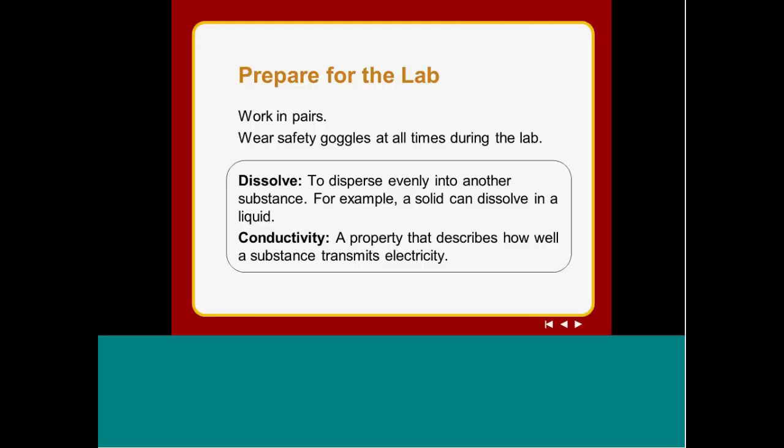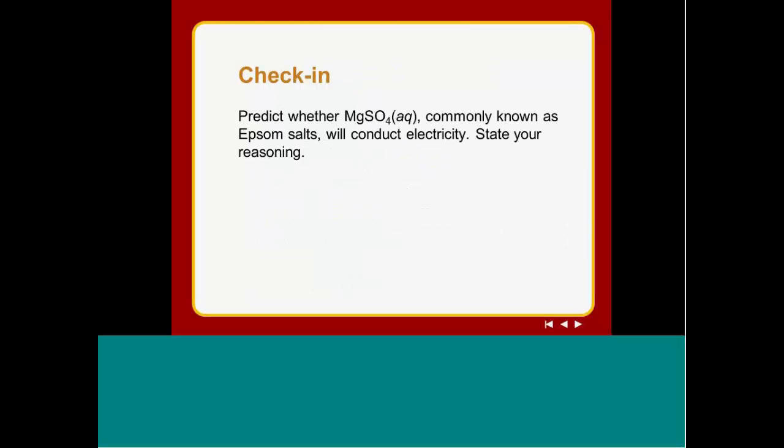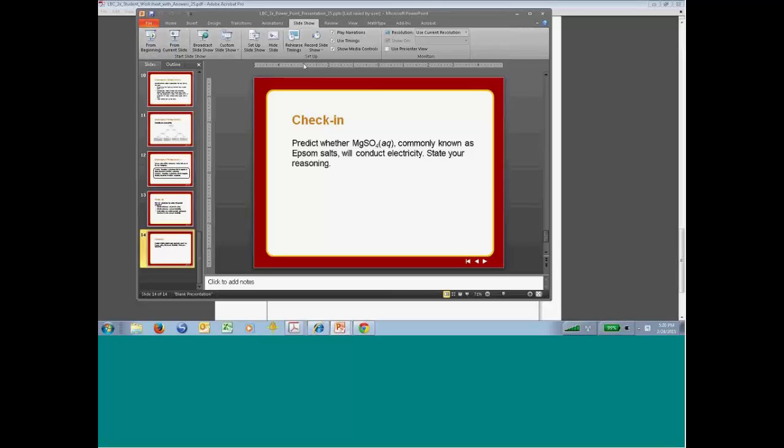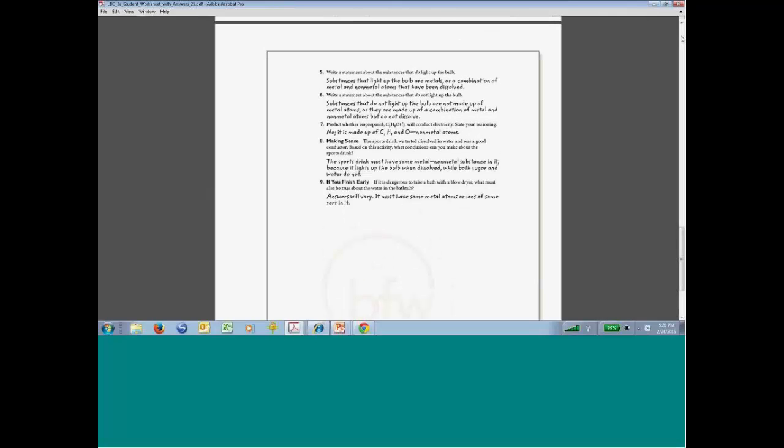Things for preparation, it would be here. We've put the key points and the discussion points, and we wrap up and give the check-in questions. So that's another way to display that information for students if you would rather do that. You can also, whenever there's an image, we provide something that you can make a transparency so that even if you were using an overhead projector, you could use it, or you could print it and hand it out to students. So these are some examples of the resources that you'll find.